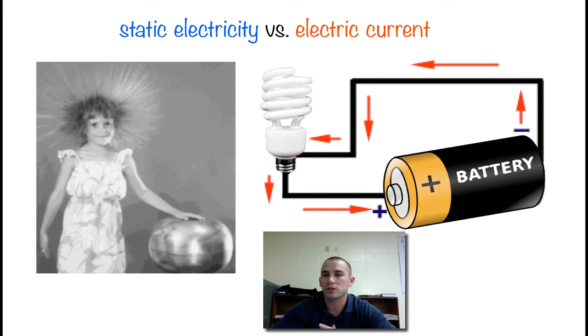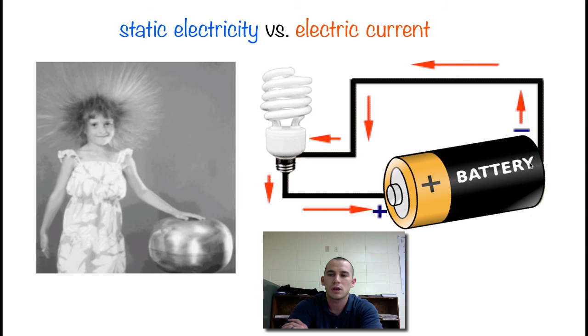Electric current is just the flow of electric charge in one direction, and so we use wires and things like that, and we can create circuits to create this flow of electricity. So a battery, and how do we do that? A battery creates a difference in voltage.